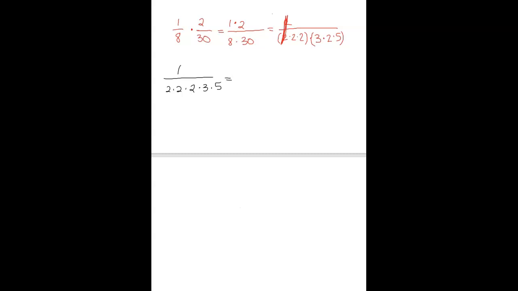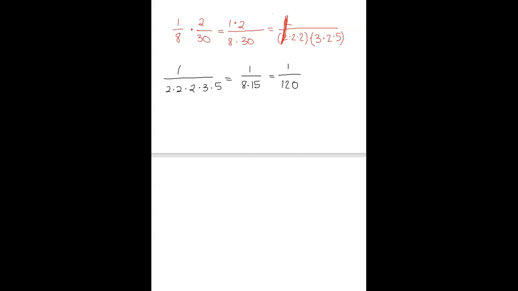So I'm going to wind up with an 8 times 15, right? So I have 1 over 8 times 15. And that's going to give me 1 over 120. And that would be my answer.